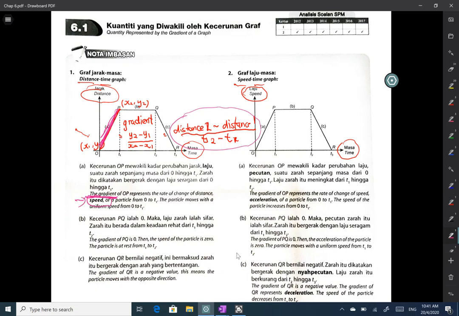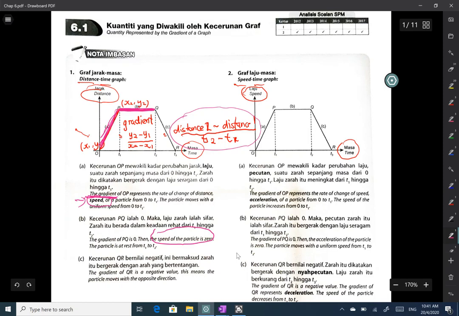Okay, the gradient of PQ is 0, then the speed of the particle is 0. Here it is flat, so no gradient. That means the particle's speed is 0.